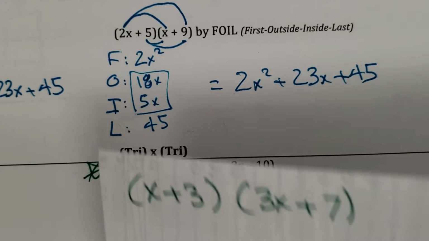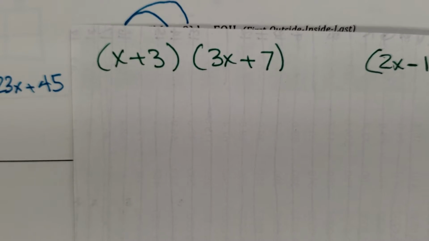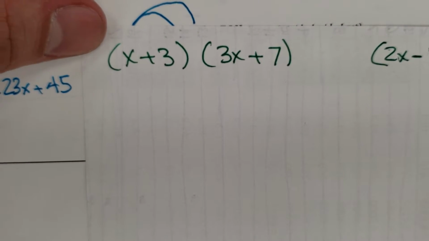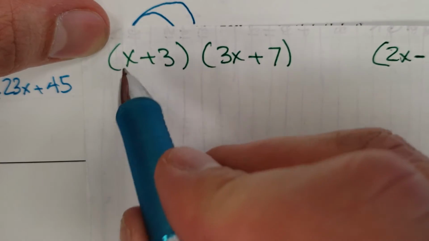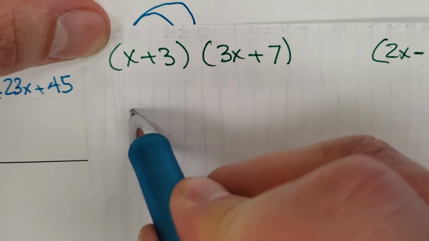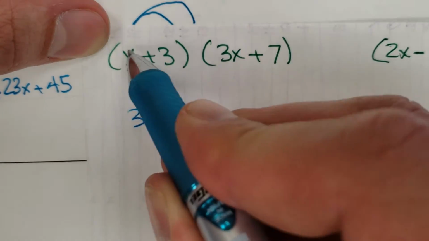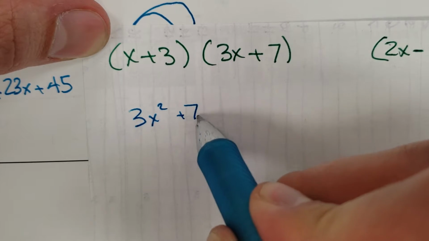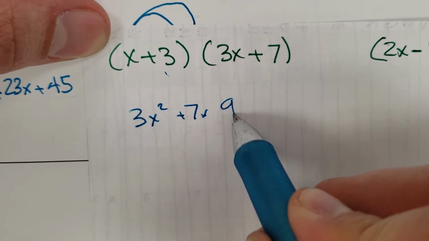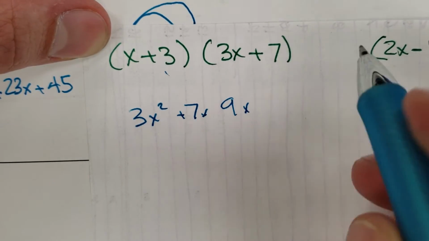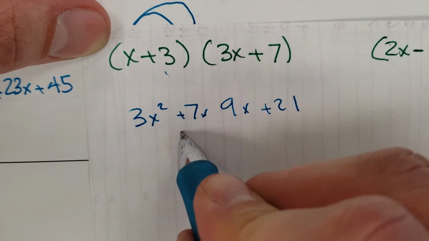Okay, so again, you don't really need to write these down, I'm just going to show you how quick these things can go. If I did the FOIL method, I would do first 3x squared, outside 7x, inside 9x, last 21.